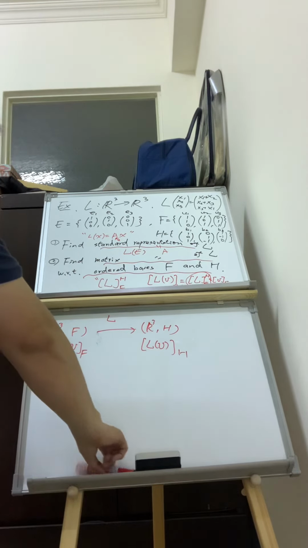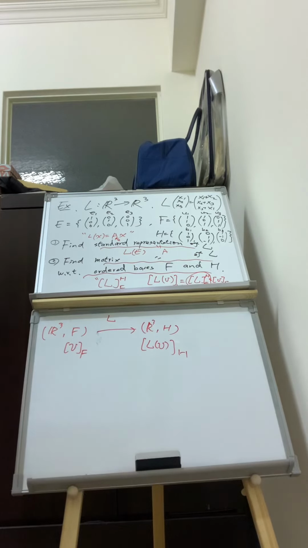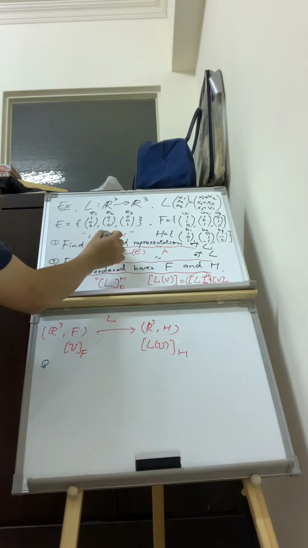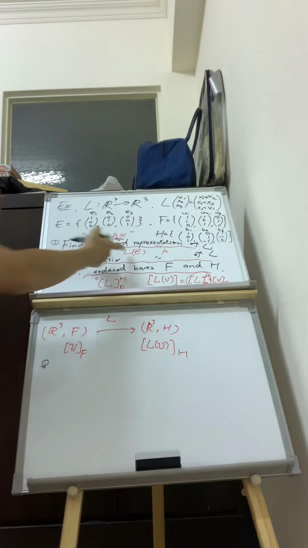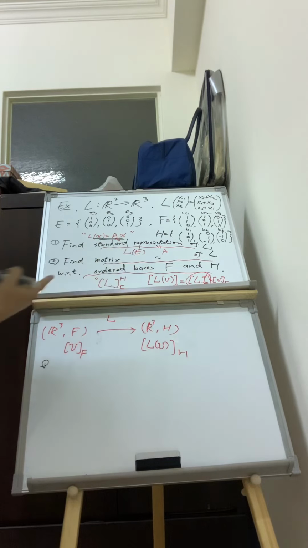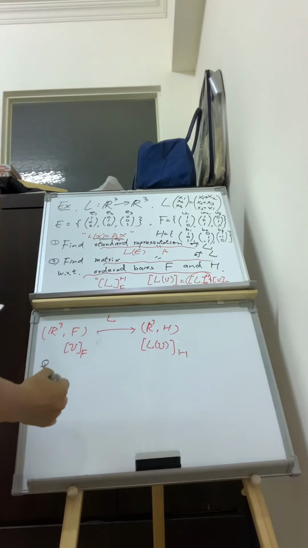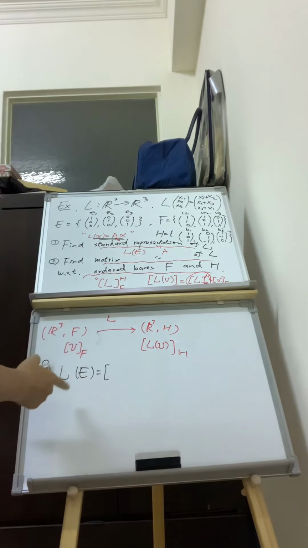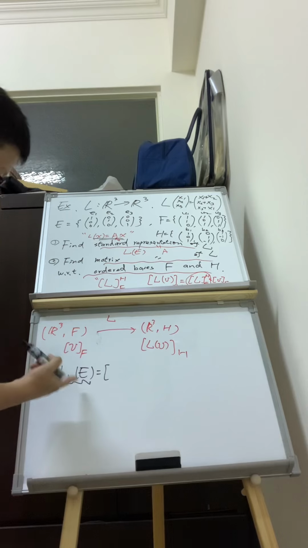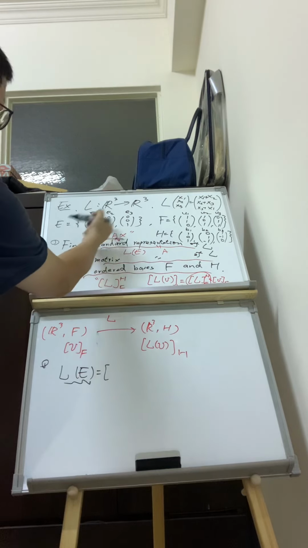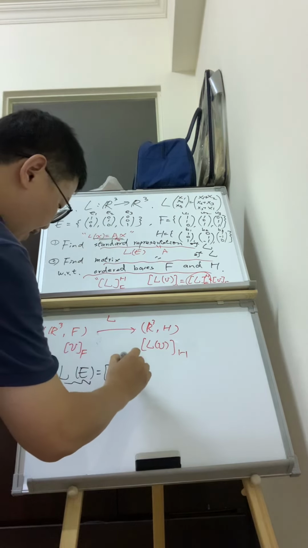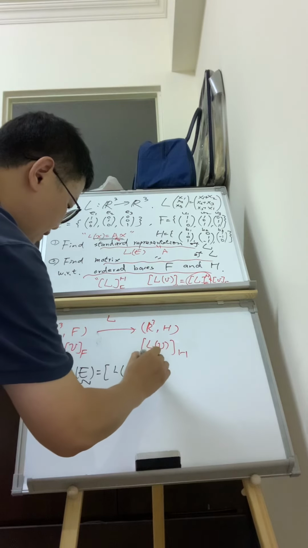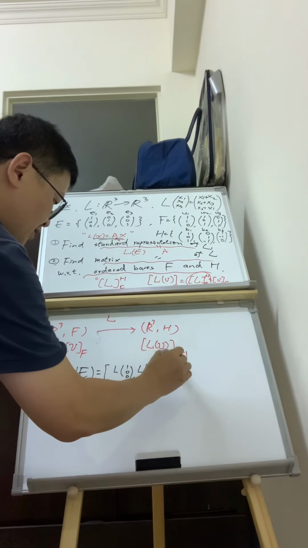So first of all, let's consider the first question, the standard representation. Its definition is satisfied by this one, but for our formula, just consider L_E is our result. This notation means that E is the basis of these three vectors, so it's L(1,0,0), L(0,1,0), L(0,0,1).